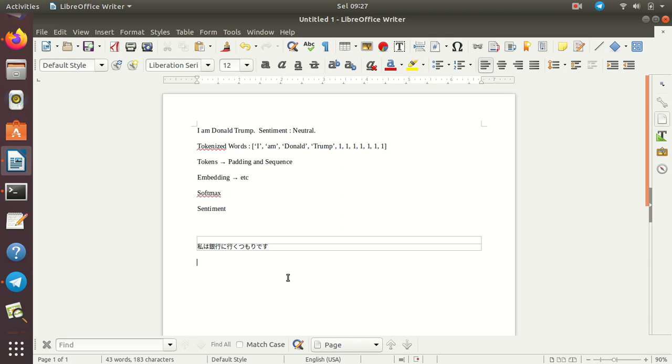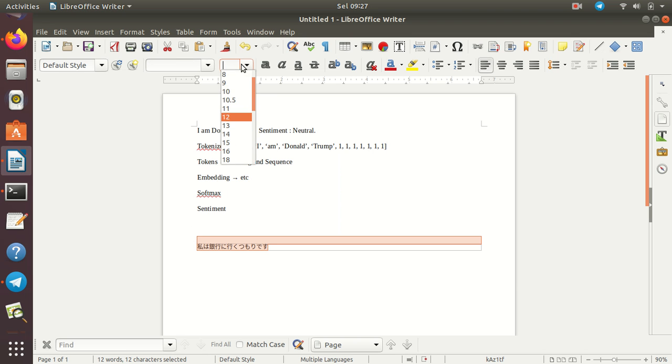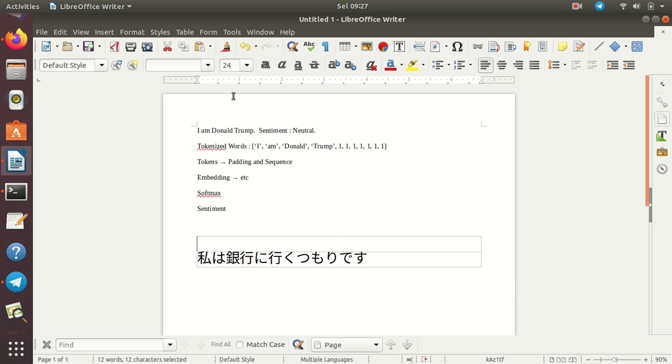The meaning is that you have plans to go to the bank. So 私 means I, は means am, 銀行 means bank, に means to, 行くつもり means plan to go.